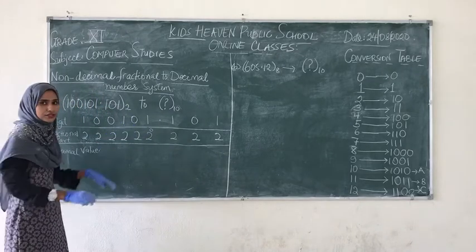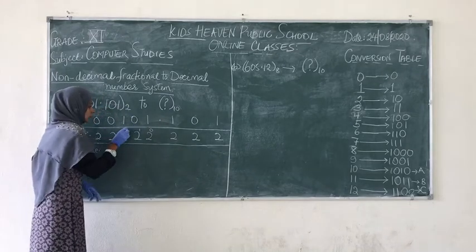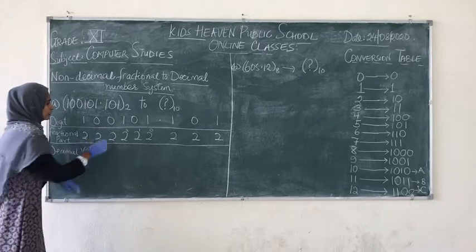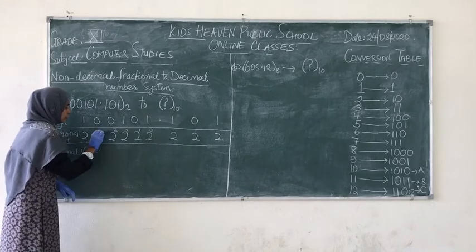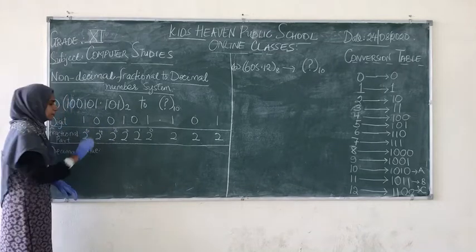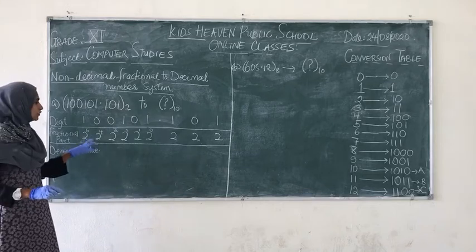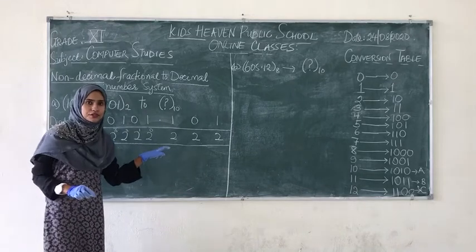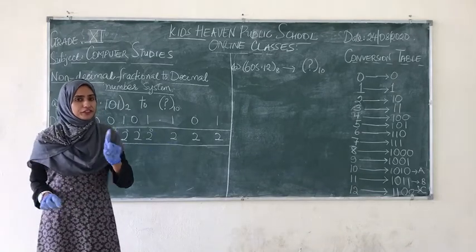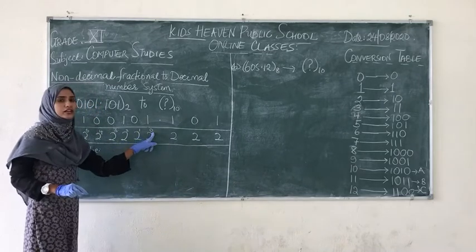The next will be a 1, 2, 3, 4, 5. If you have 6 digits, the total value will be 5 because we begin with a 0.